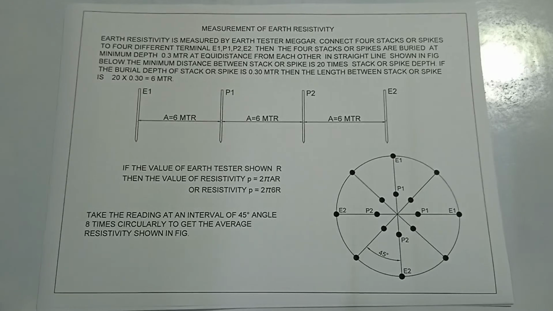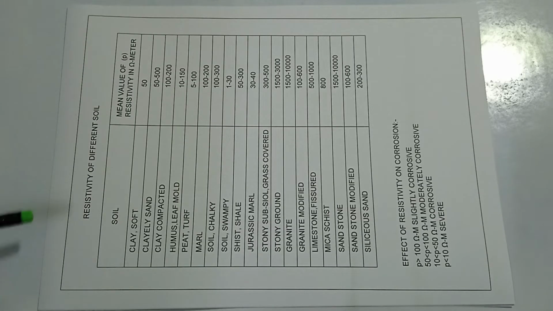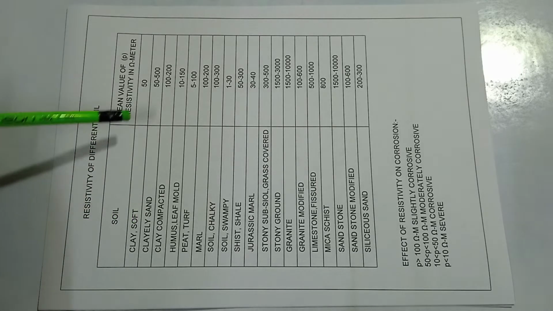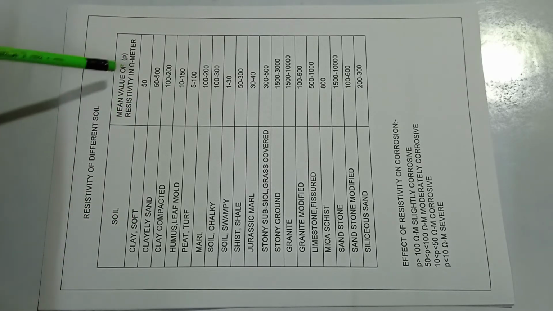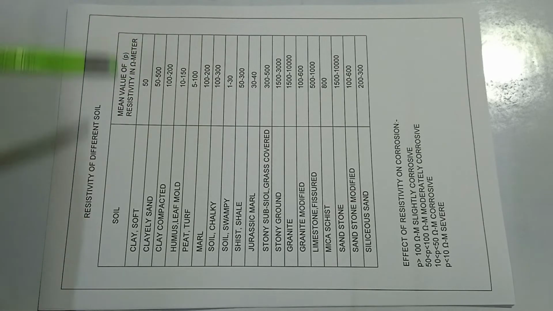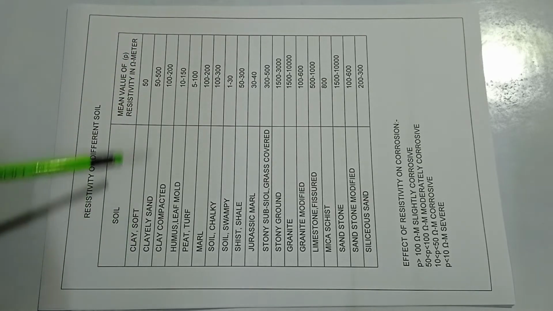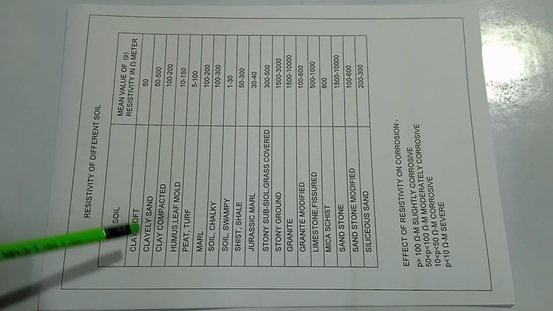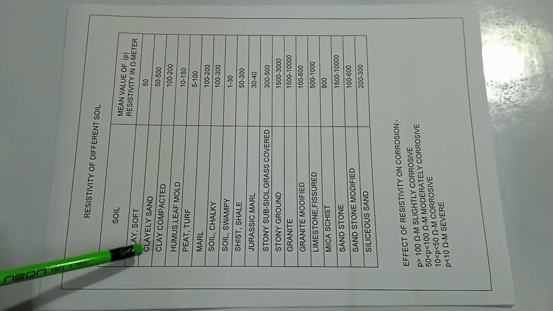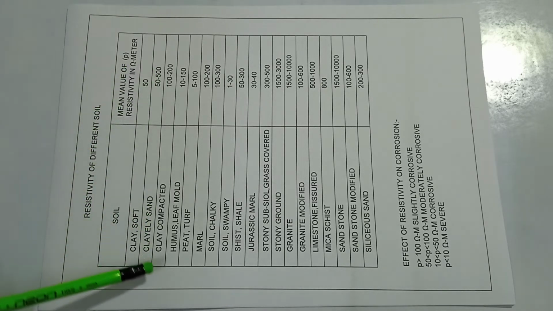Okay, next. Here it is shown the resistivity of different soil. Clay soft, it is the mean value of the resistivity in ohm meter. For clay soft, this is 50 ohm meter. Clay sand 50 to 500 ohm meter.